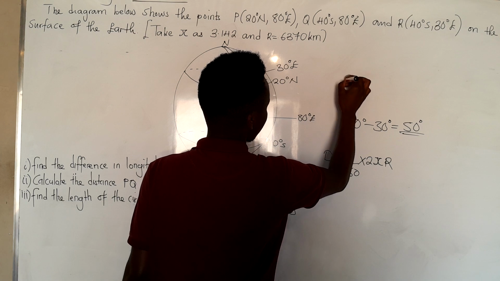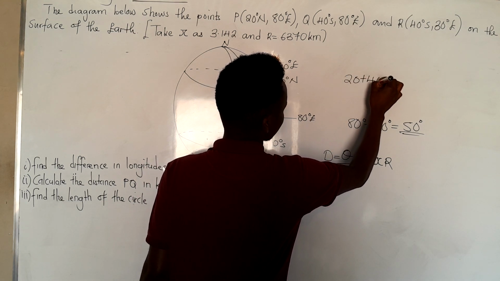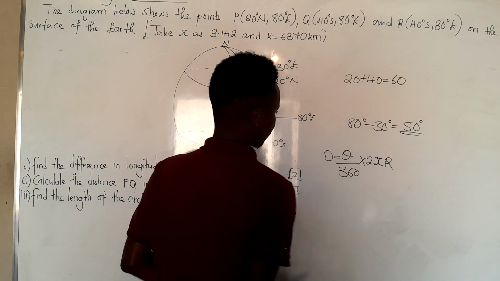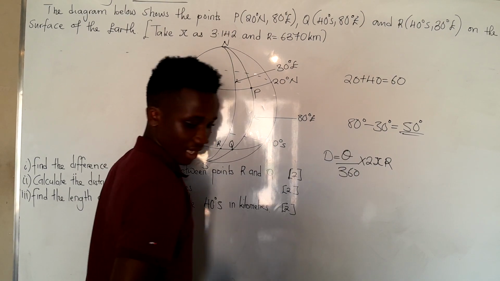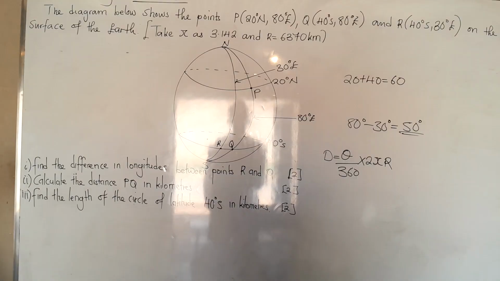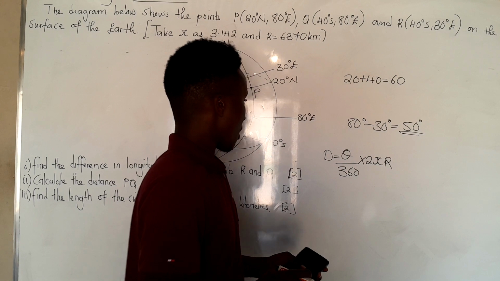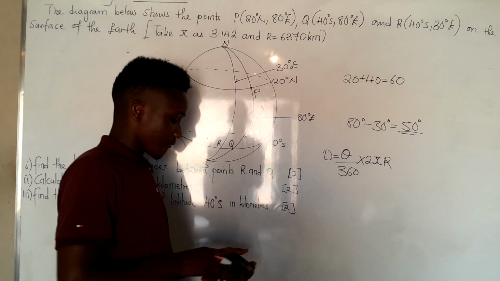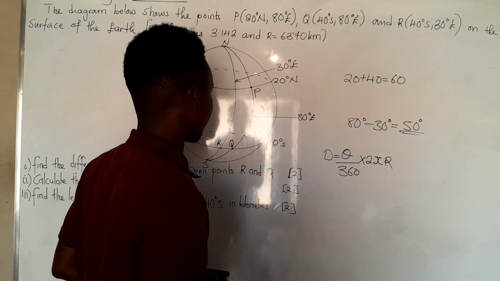So I'm going to say 20 plus 40, this will give me 60. So my angle theta there is 60. Okay, let's proceed.